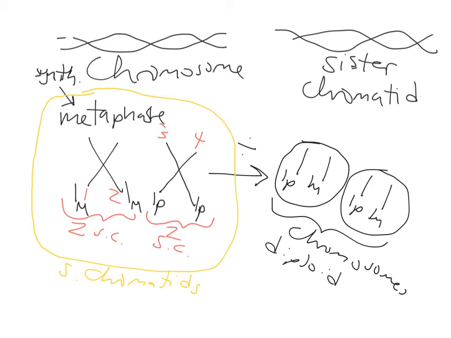Every cell has 2 copies of chromosome 1, and then also 2 copies of chromosome 2, and so forth. What are we at metaphase? How many copies of each chromosome? How many double helices of chromosome 1? 1, 2, 3, 4. We're tetraploid between synthesis and cell division.